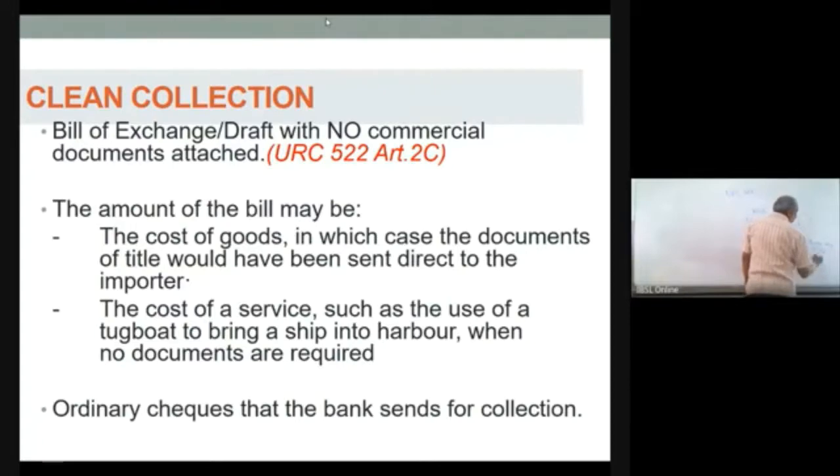Right? Ultimately, you will get only $35 as your proceeds. Now these collection bills also come under URC 522, Article 2(c), ordinary checks.